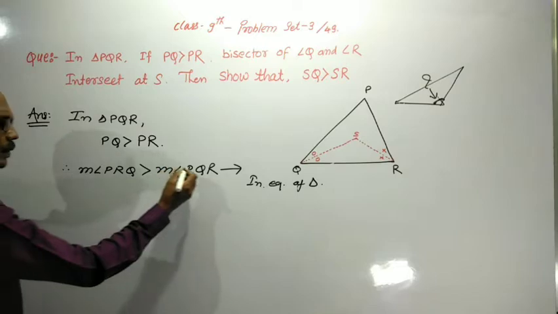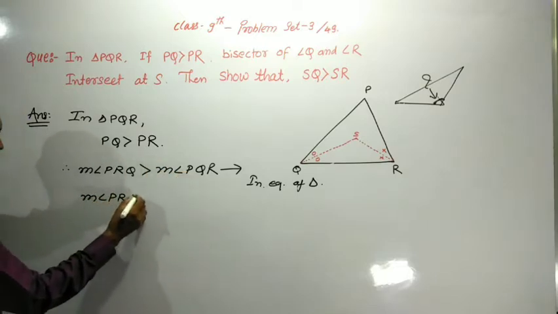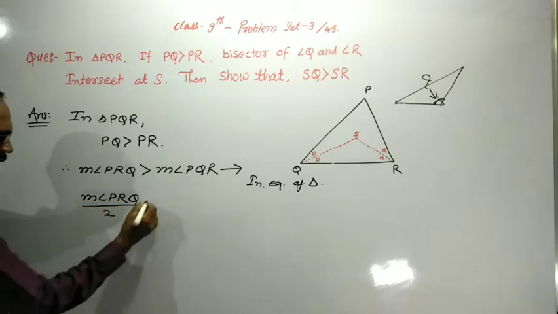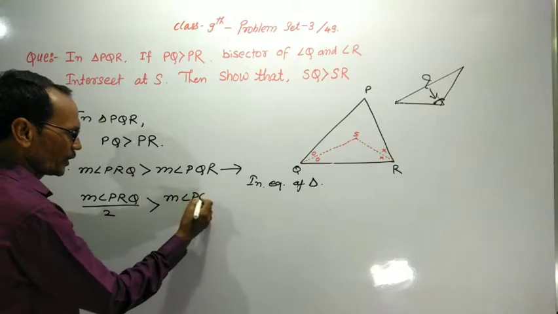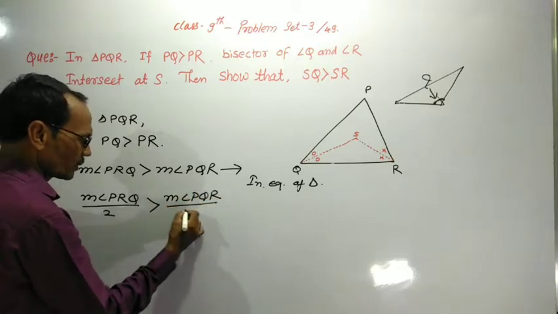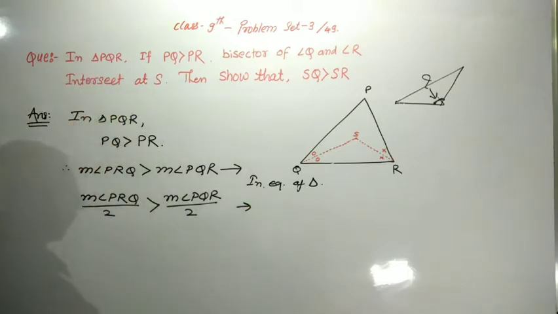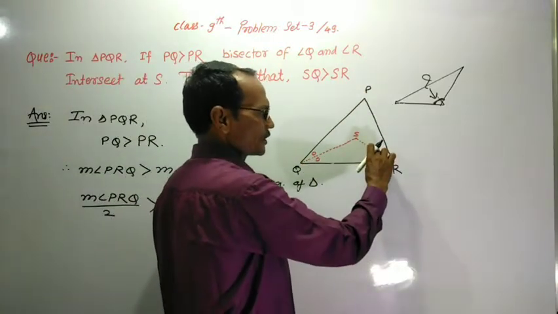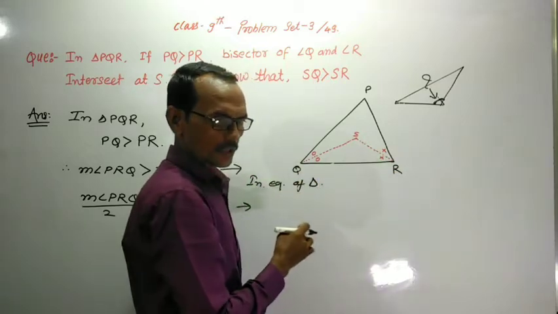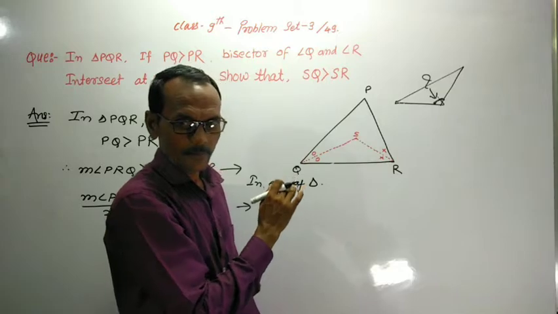I can divide by 2 to both sides. Measure of angle PRQ by 2 is greater than measure of angle PQR by 2, dividing 2 to both sides. Now half of PRQ, whose half angle is SRQ, because RS is a bisector which is given.